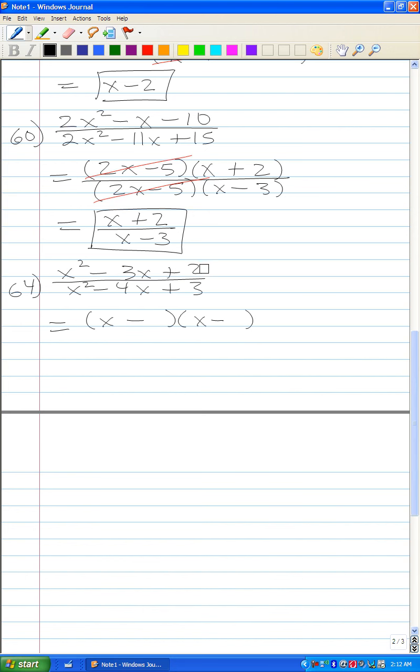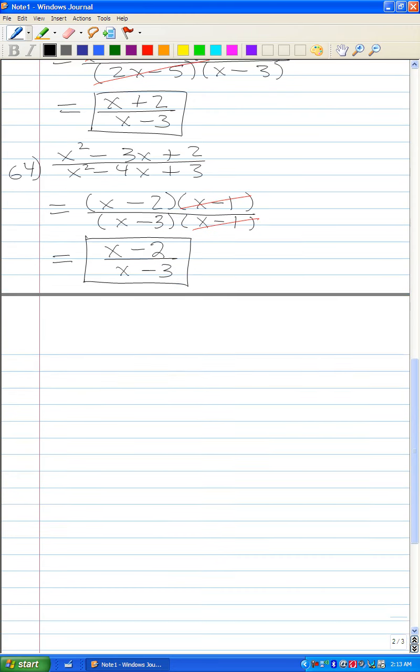I want two whole numbers whose product is 2 and whose sum is 3. 2, 1. The denominator is also a monic polynomial, so I can factor it easily. Negative times positive is negative, so again it's two negatives. I want two whole numbers whose product is 3 and whose sum is 4. So 3 and 1. So the x minus 1's cancel. And so you get x minus 2 over x minus 3.